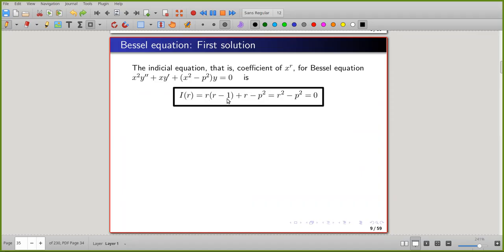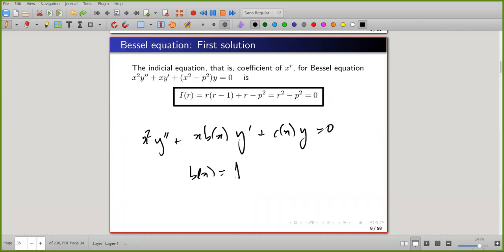Remember what it was: r into r minus 1 plus b0 into r. Remember, x square y double prime plus x b of x y prime plus c of x into y equals 0. So b of x here is clearly 1.